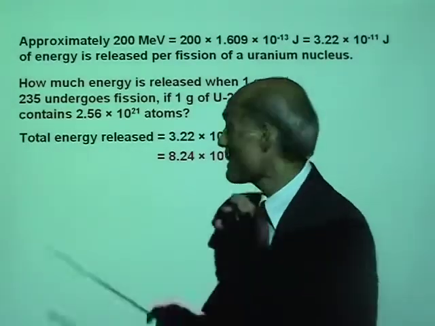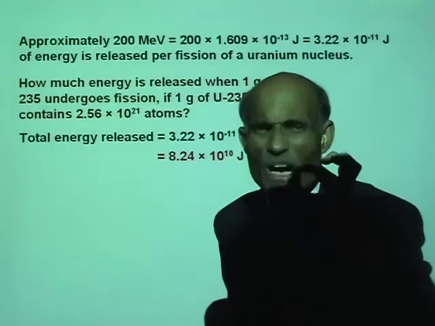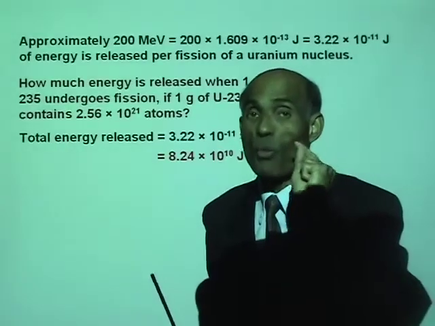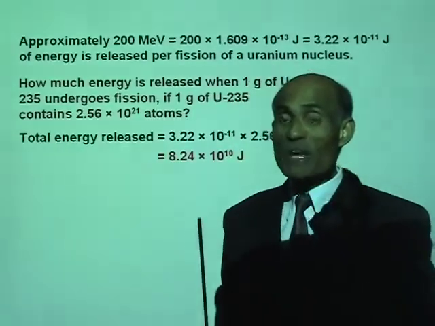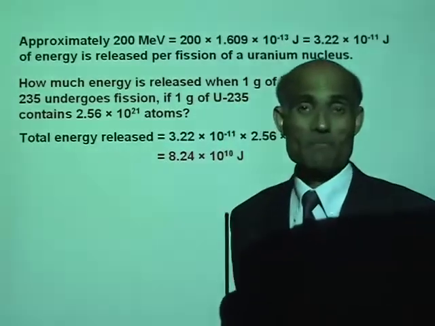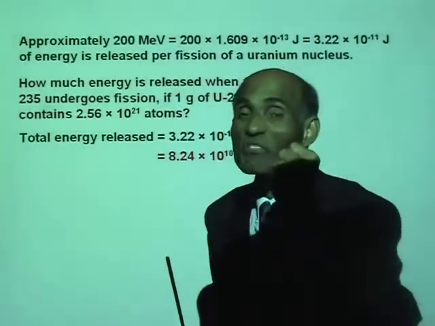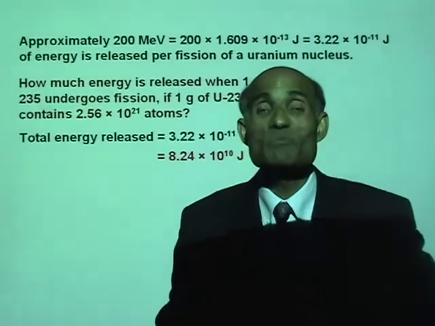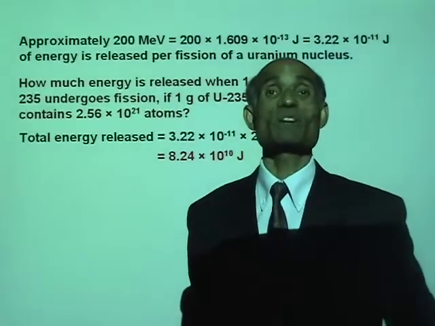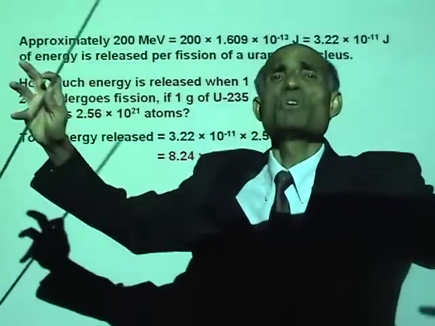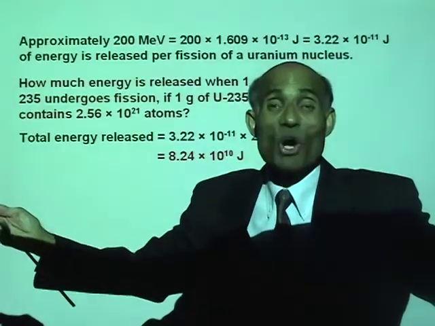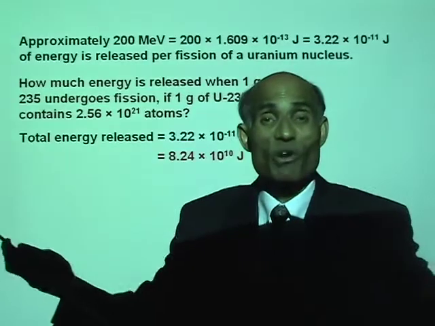And where did this much energy come from? From 1 gram of uranium-235. So 1 gram of uranium-235 can generate this much energy. So if I have 5 kilograms of uranium-235, how much energy will it generate? It will generate enough energy to, well, to sink the whole of Southwest Florida.